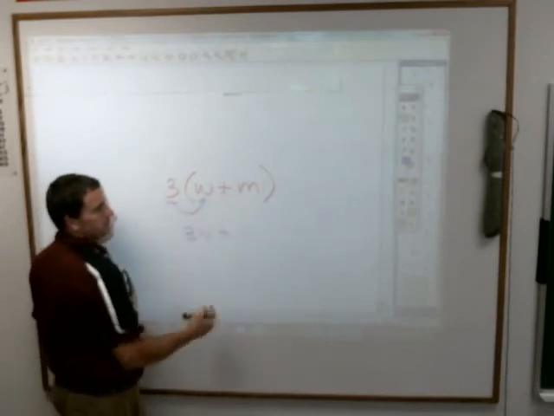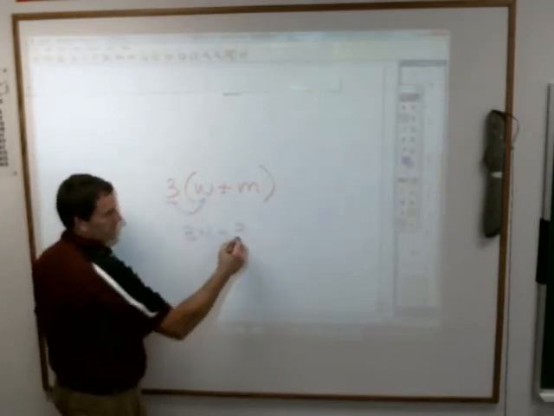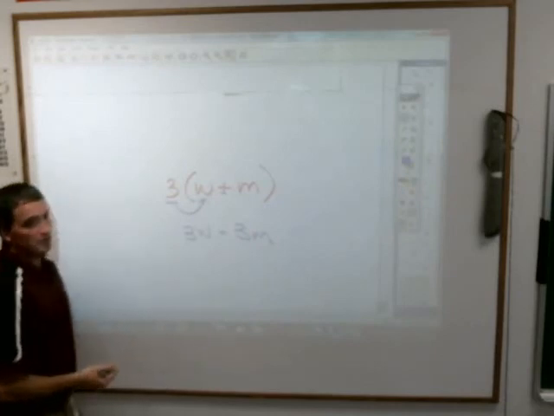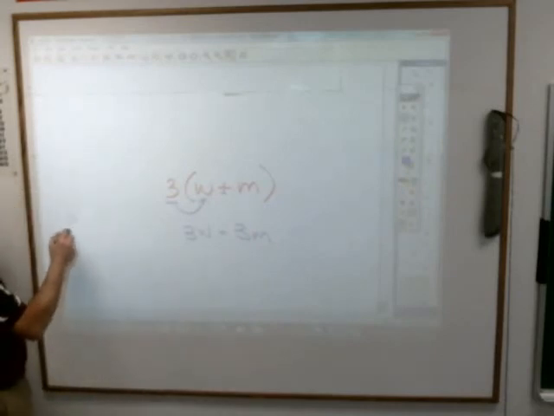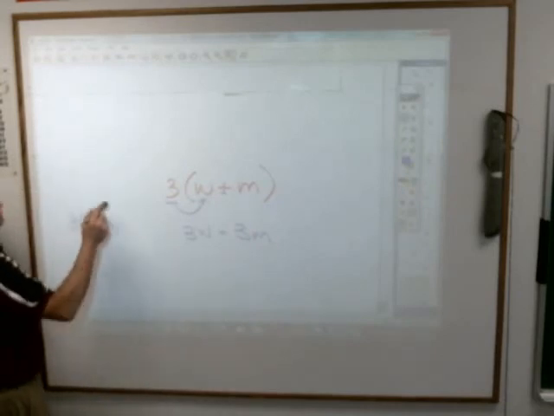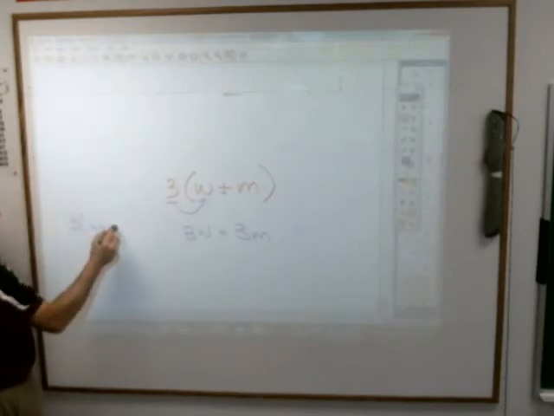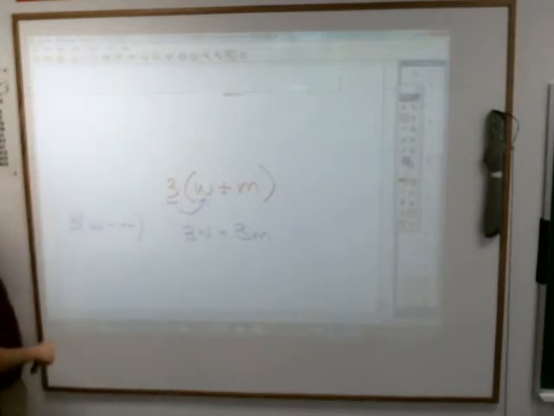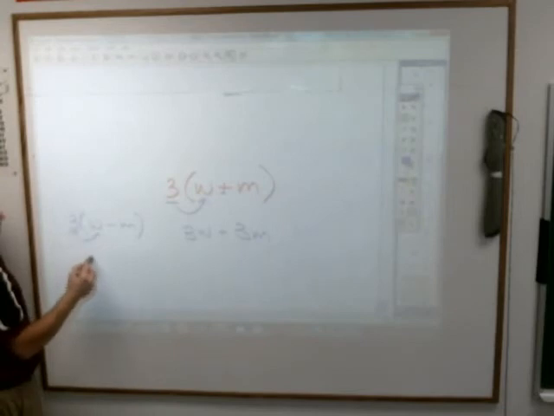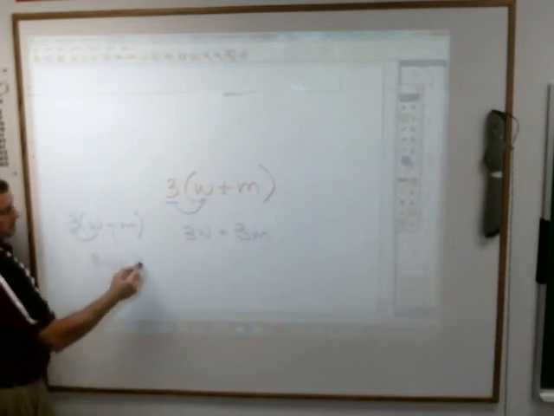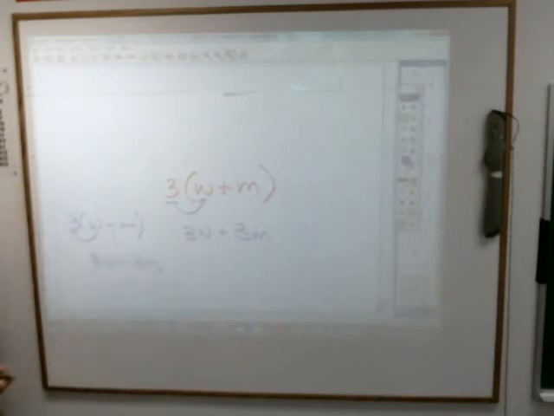What's 3 times m? 3m. And that's all there is to it. What if it was 3 times w minus m? Well, multiply 3 times w, bring down the minus sign this time. What's 3 times m? That is all that you're doing, using that distributive property thing.